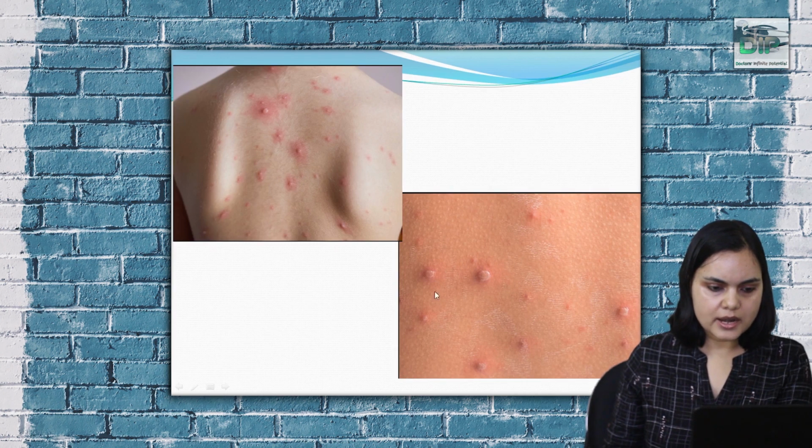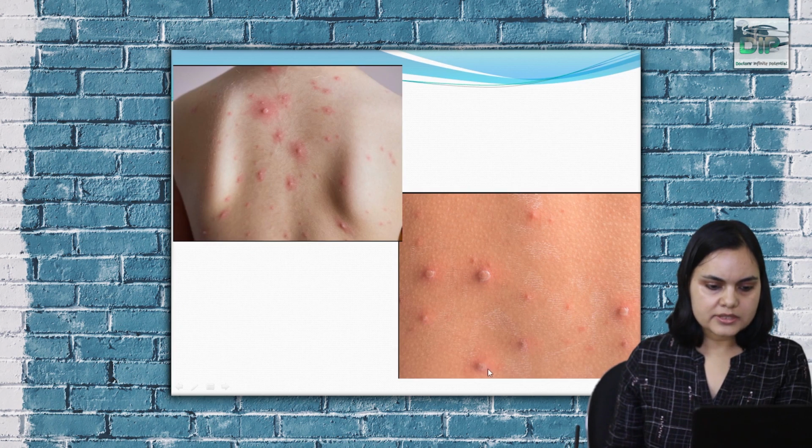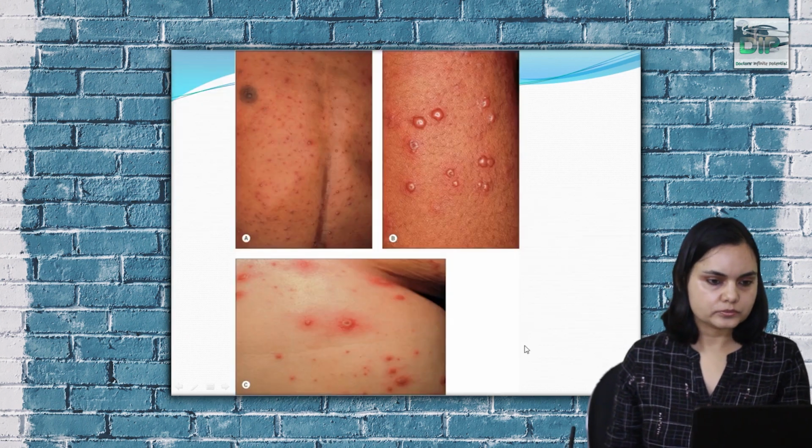These 3 vesicles are newly arising. Here is another vesicle, already in the pustular stage containing turbid fluid, and this one seems to have central crusting and is going to disappear now.